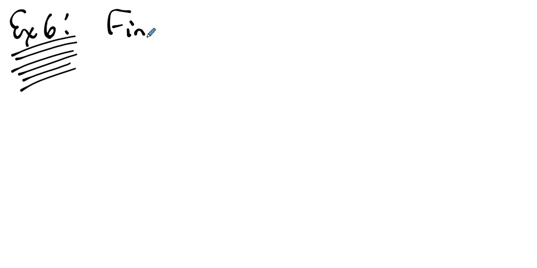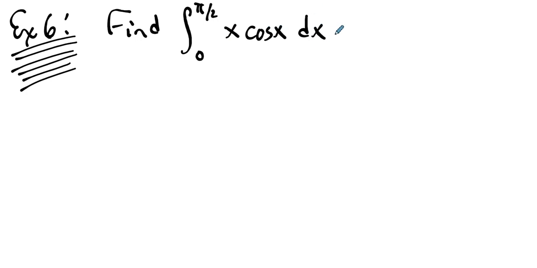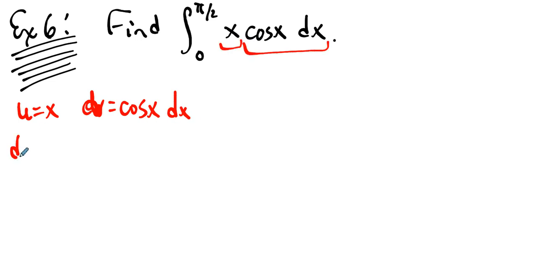I promised that I would do a definite integral. Nothing complicated about the process. We just remember that we're evaluating a definite integral, and we run through the process. It's an integration by parts. There's your u, there's your dv.